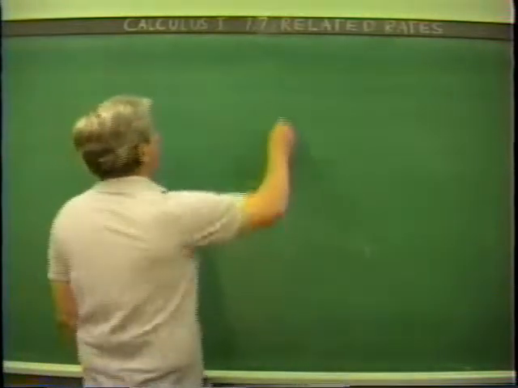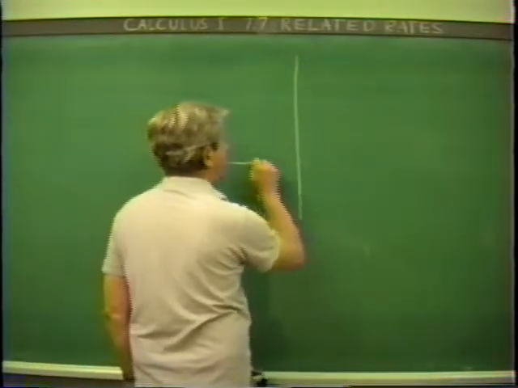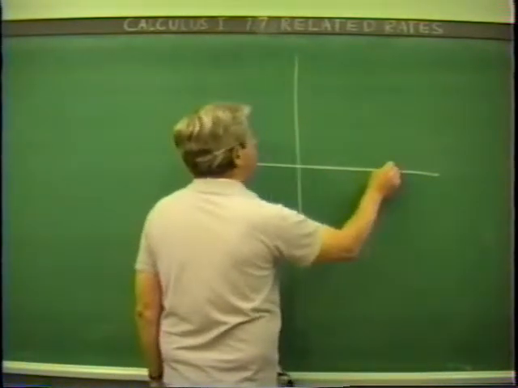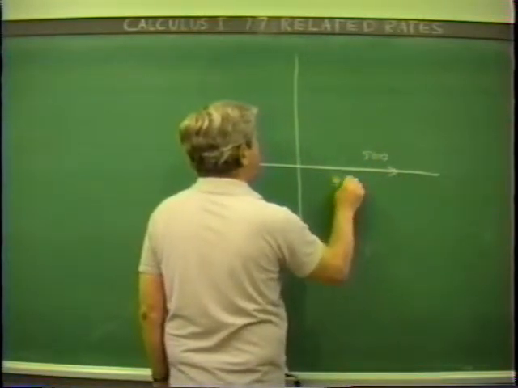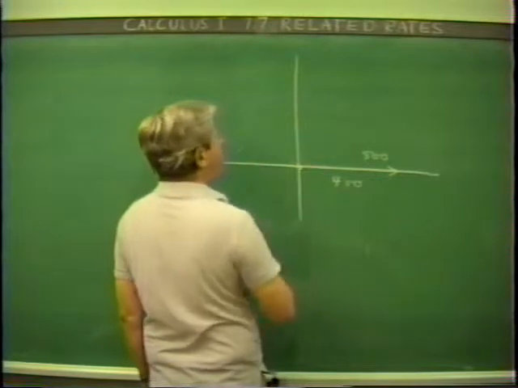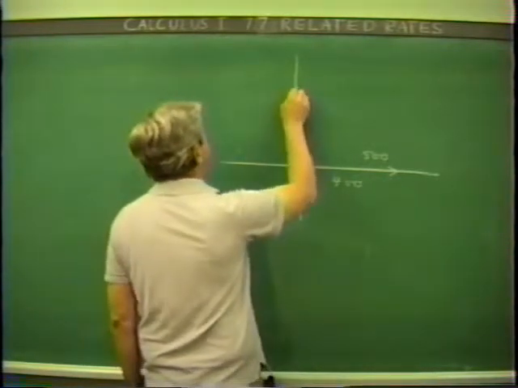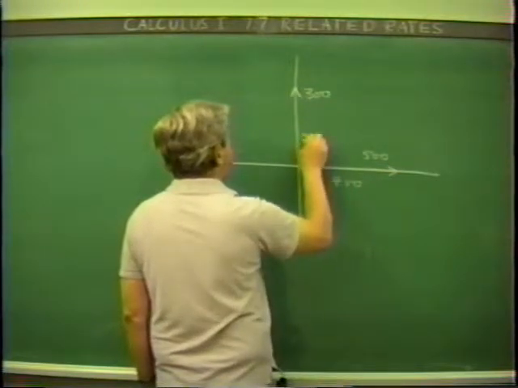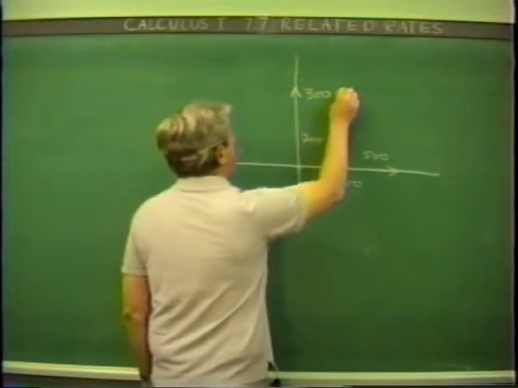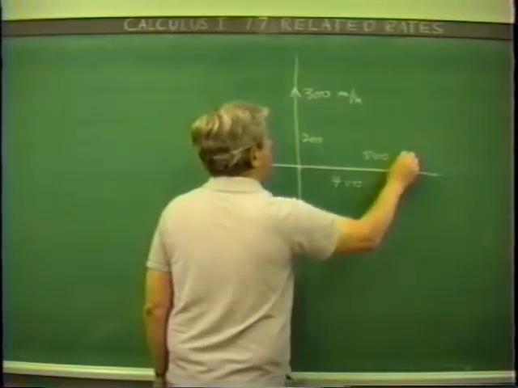Let's look at a first example. Let's suppose we've got two airplanes. One's traveling east at 500 miles an hour, and let's suppose that it's 400 miles away from the airport. And another one's traveling north at 300 miles an hour, and let's suppose that it's 200 miles away from the airport.